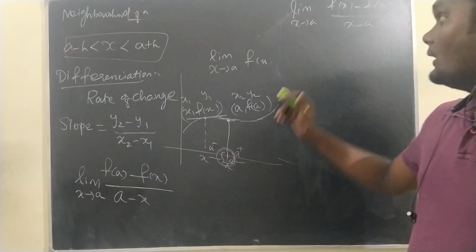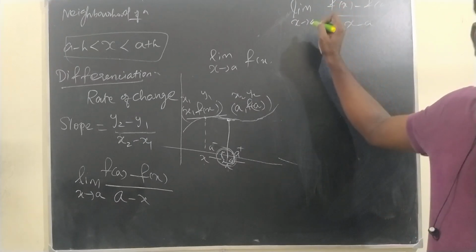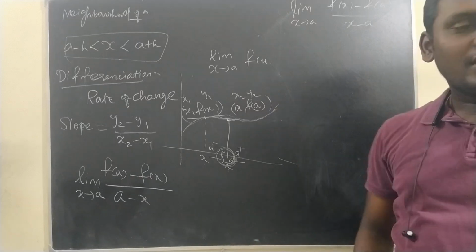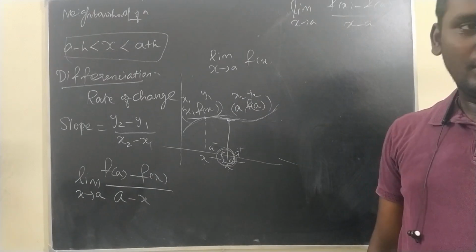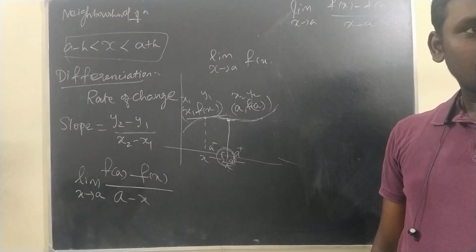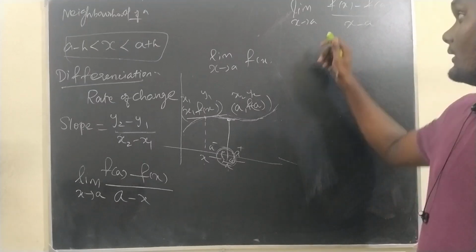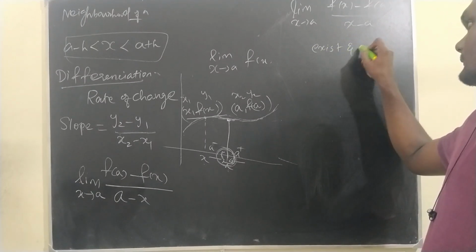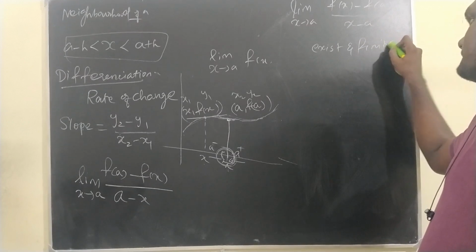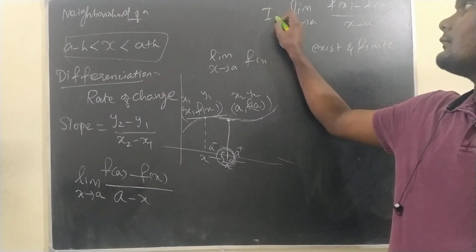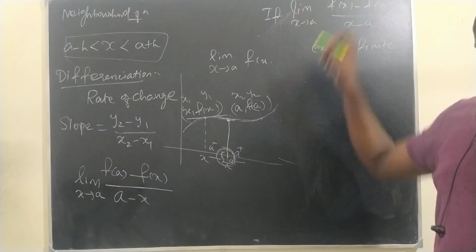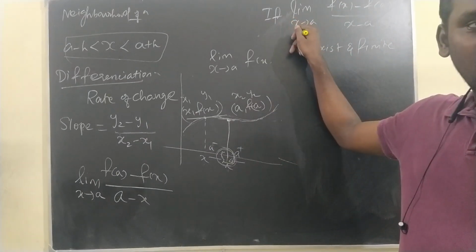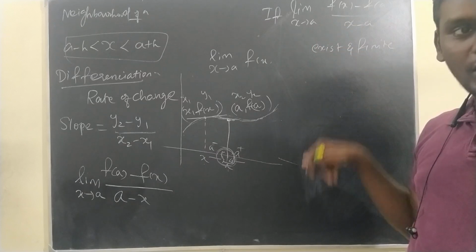Okay. See, we say this particular function is differentiable, derivable, when this limit exists and is finite. If this limit exists and is finite, I think you may recall things from limits, continuity, and now differentiability.